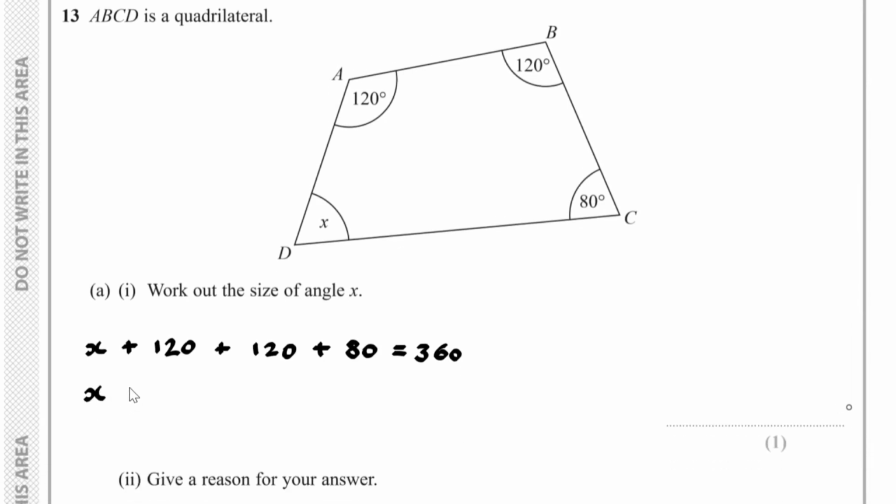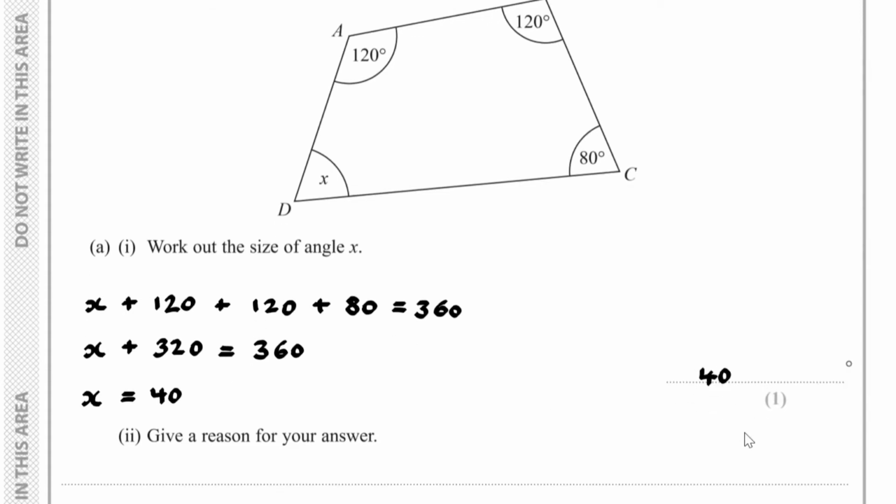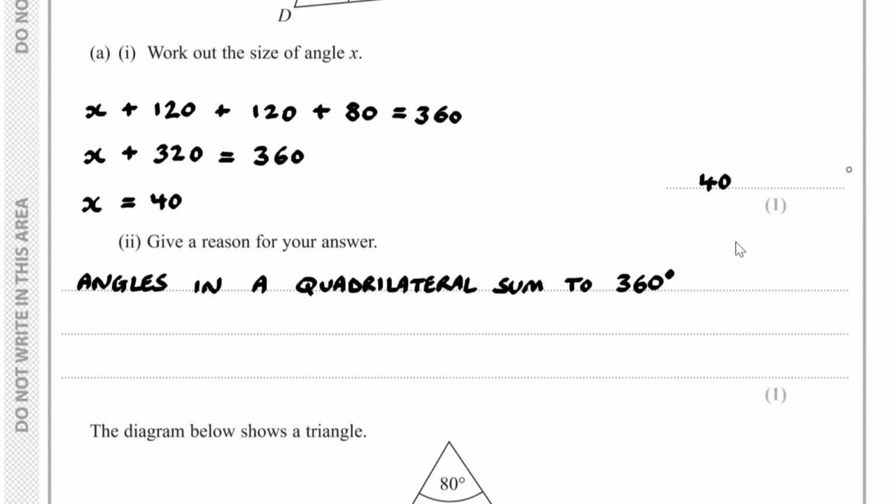So we have x plus 320 equals 360, which means x equals 40. Giving a reason for our answer, well, the angles in a quadrilateral sum to 360 degrees.